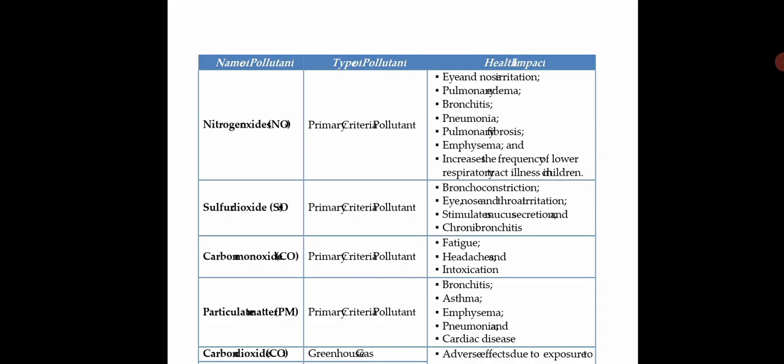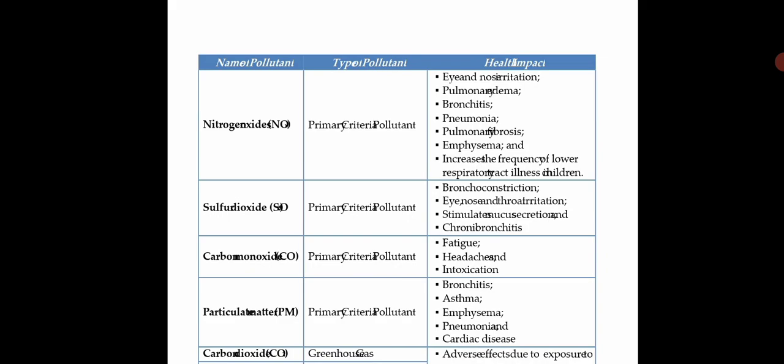When the concentration of oxides of nitrogen is higher in air, it affects the quality of air and also produces many health impacts to human society. One is eye and nose irritation, pulmonary edema, bronchitis, pneumonia, and increased frequency of lower respiratory tract illness in children.